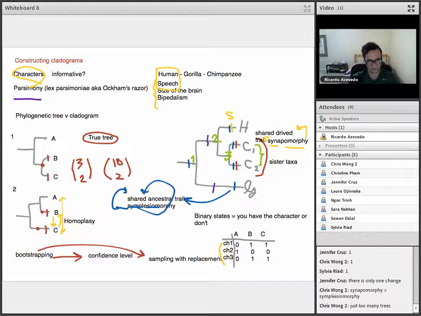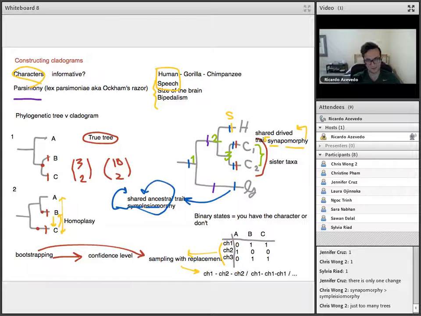Let's say we have 3 species, A, B, and C. And we have 3 characters: character 1, character 2, and character 3.